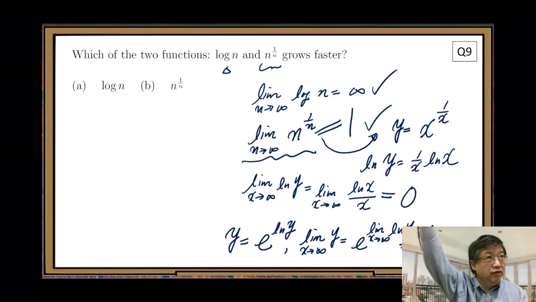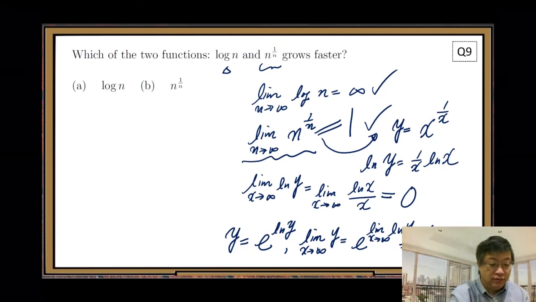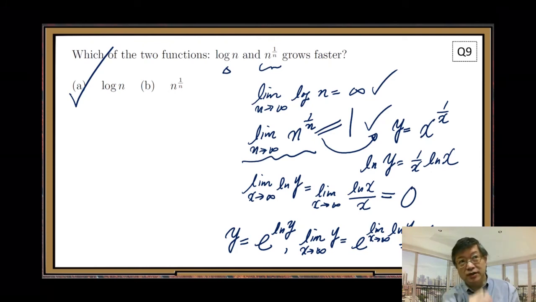So the infinity one is faster, right? Very simple. The infinity one is much faster compared with that constant, because this goes to 1, so it's a constant. All right, so that is question number 9.